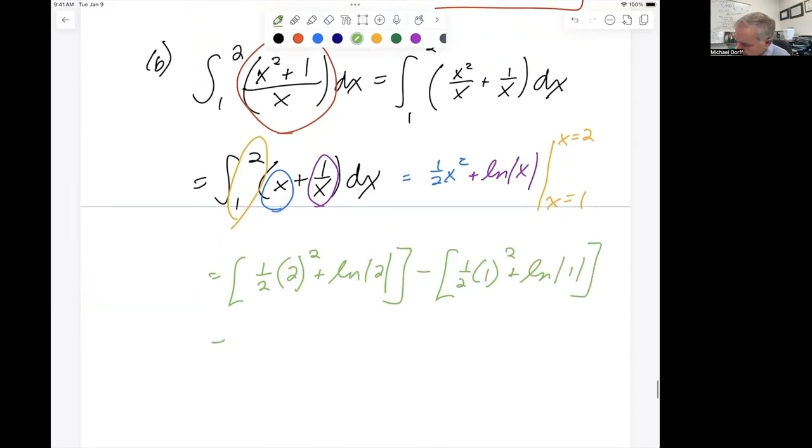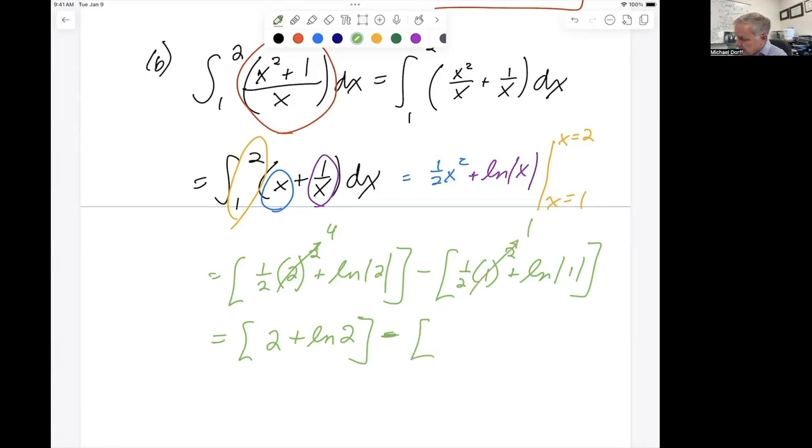So then I have 2 squared, which is 4, and a half times 4 gives 4 halves, or 2, plus the natural log of 2. I can leave off the absolute value because I just want to make sure that what comes after the natural log is a positive number, and 2 is a positive number. And then I've got minus. Now I have 1 squared, which is 1.